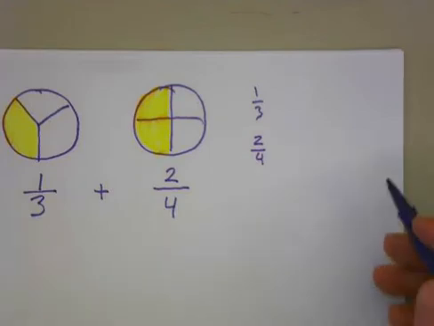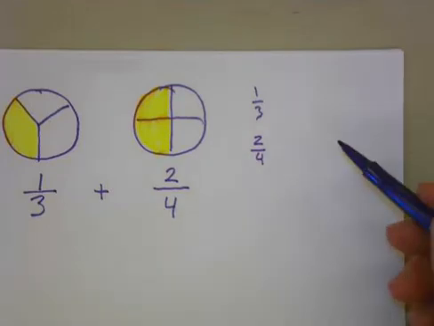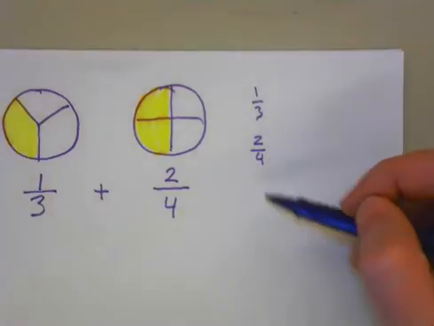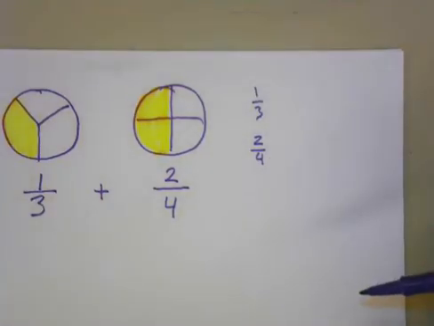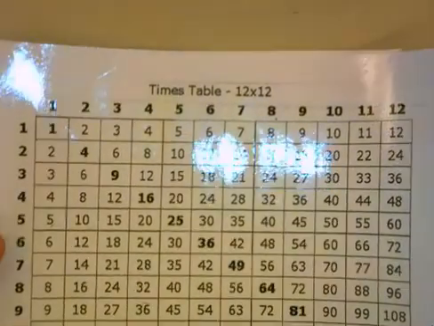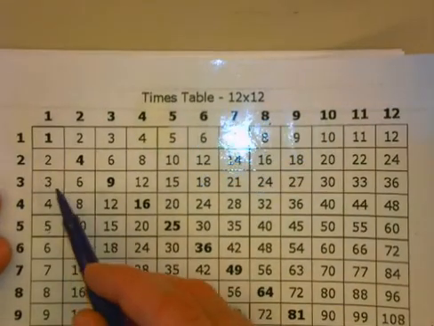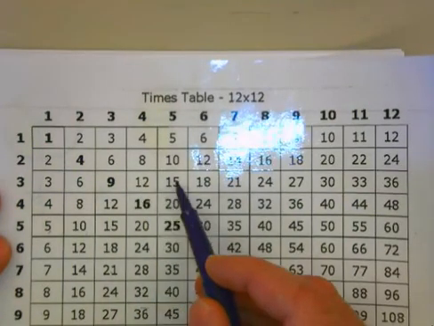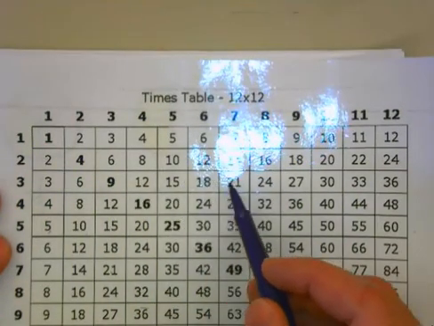To do this, we need to find a common denominator between 3 and 4. To do this, we can either use multiples or multiply. To do multiples, we would look at a times table, and we would go 3, 6, 9, 12, 15, 18, 21.